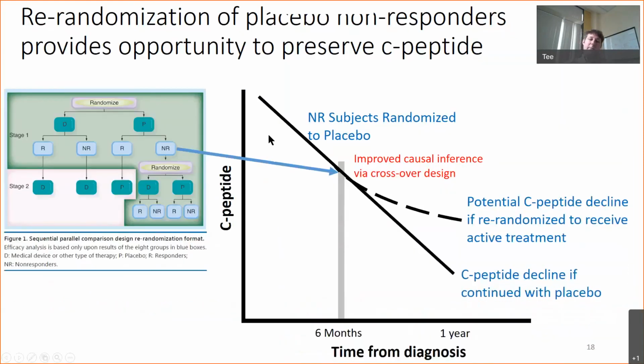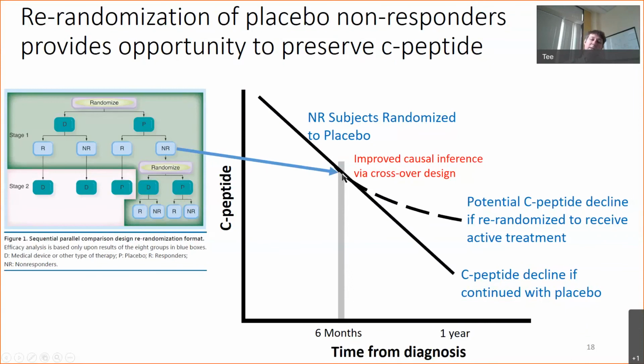And this depiction is kind of what we'd like to see. Again, the folks who were randomized to placebo, who are non-responders, could be identified at 6 months. And then the hope would be that these non-responding subjects, i.e. the people on placebo whose C-peptide decline is happening, would then be re-randomized and given some chance of getting treatment.